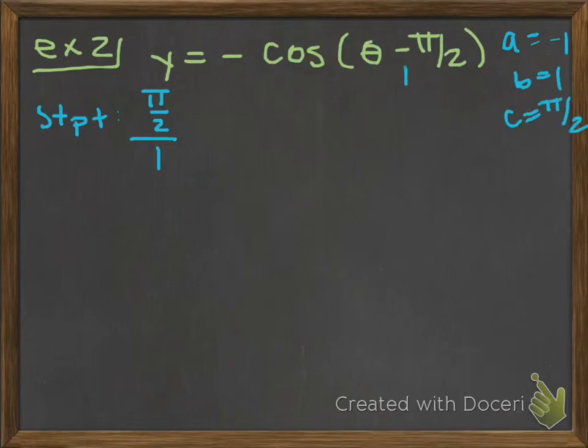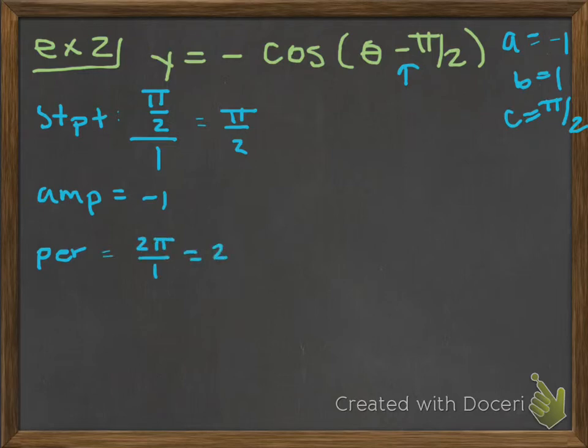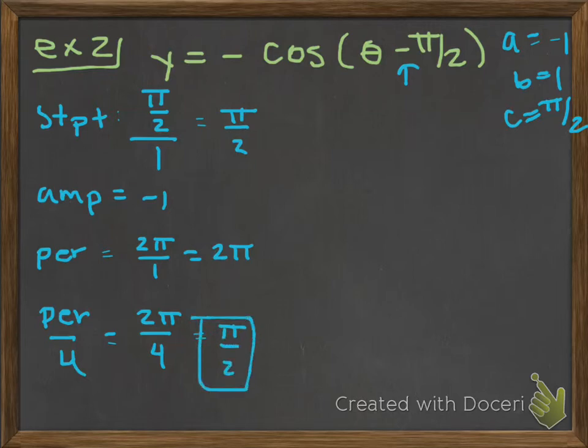Again, notice the negative here, I wrote the positive over there. So my starting point is pi over 2. Amplitude is negative 1. My period is 2 pi over my b value of 1, so 2 pi. And the period over 4 will be 2 pi over 4, which is pi over 2. So this is what we are adding each time.